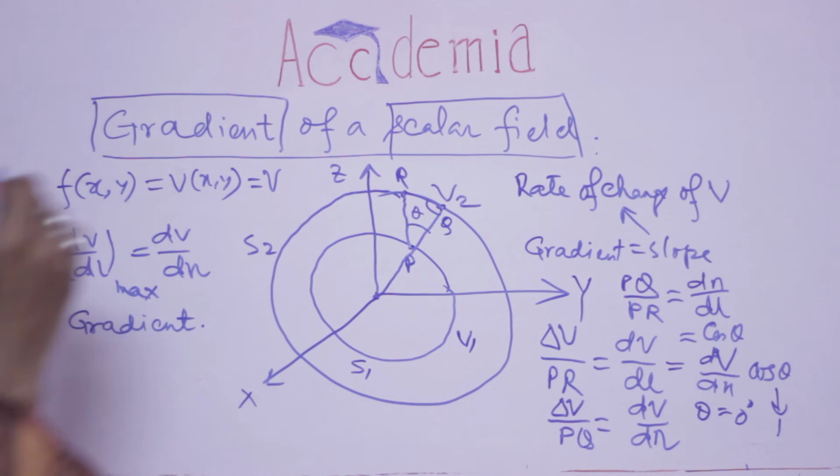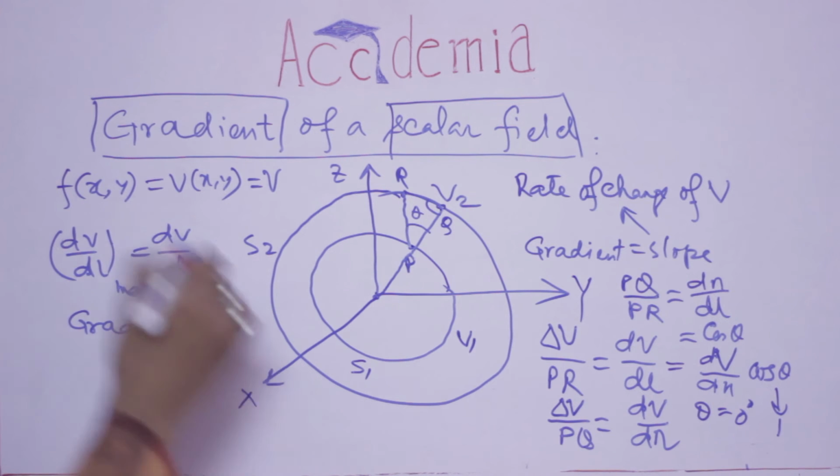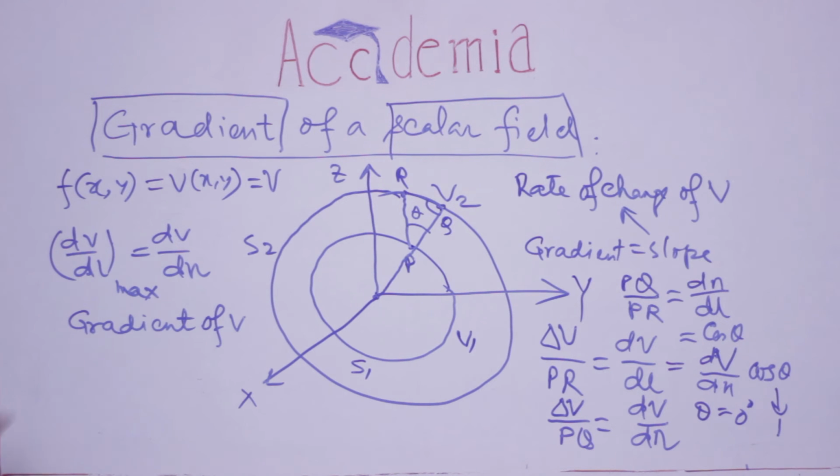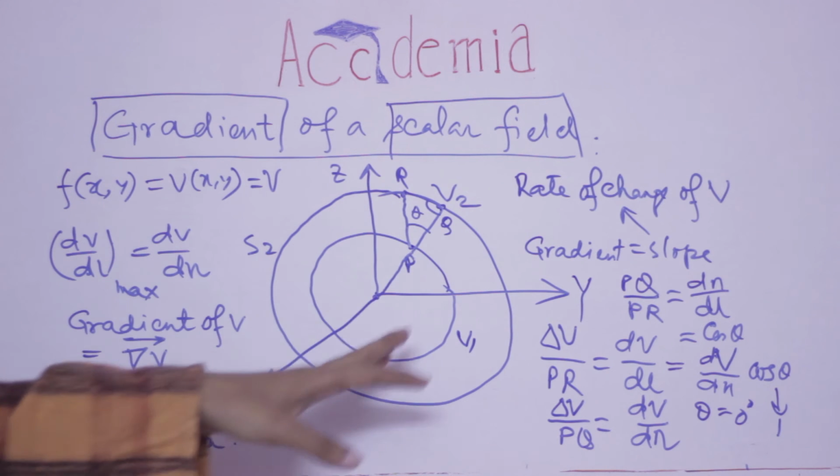That is, maximum dv dl is equal to gradient of v, and gradient of v is denoted by del v or nabla v. Del or nabla.